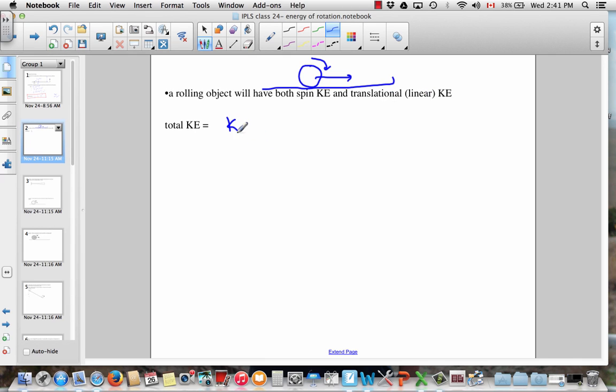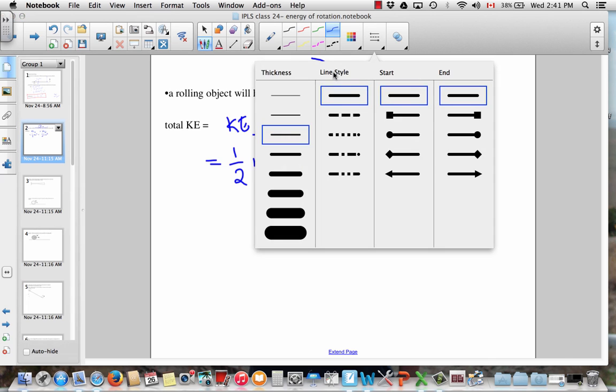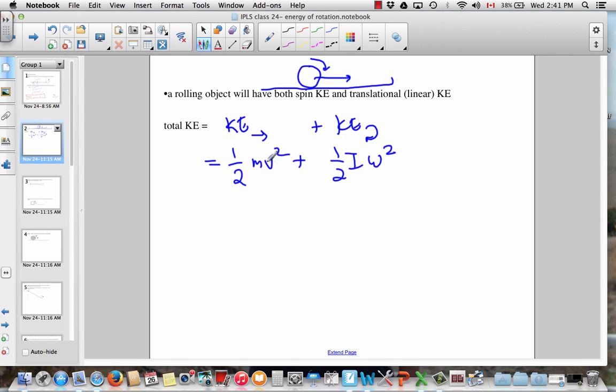The total kinetic energy will be the sum of those two, the kinetic energy of translation plus the kinetic energy of rotation. So you'll have to sum the 1/2 mv squared and the 1/2 I omega squared. This new definition of rotational kinetic energy is just going to enable us to go back through all of the energy conservation problems we've done earlier and then just add in interesting situations where the object happens to be rotating as well.